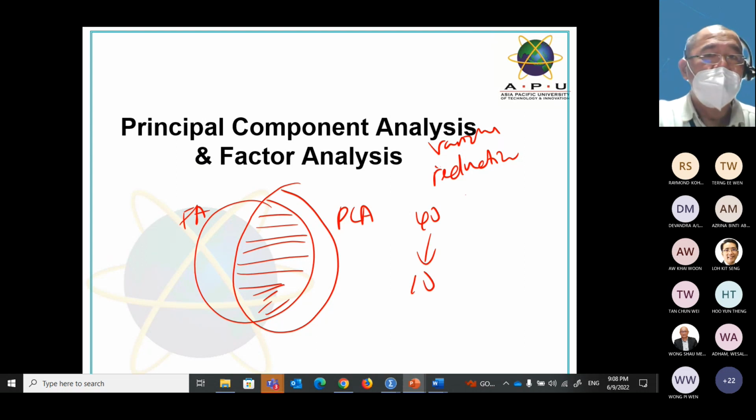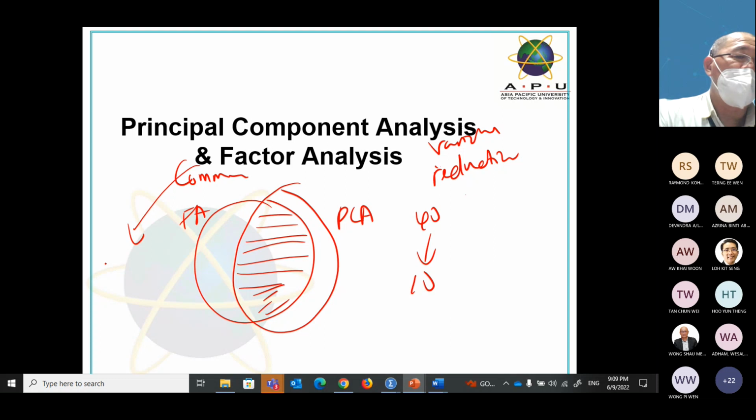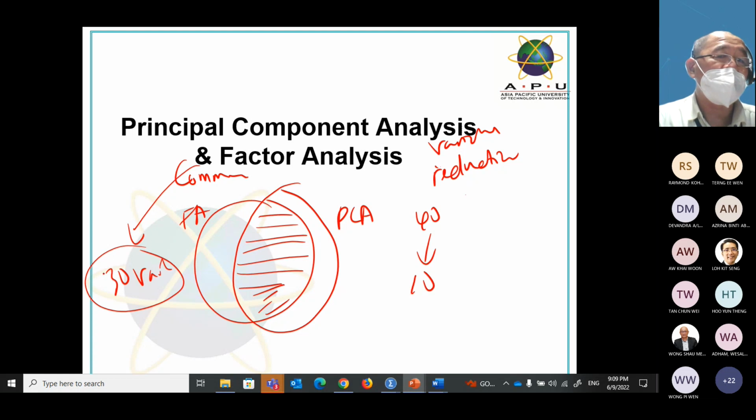Okay, I can tell you a bit more. The factor analysis that we are going to discuss is the common factor analysis. We find some common factors among the variables. Let's say here we have 30 variables, and we find some common factors among the 30 variables.